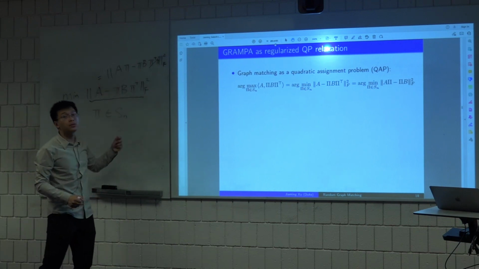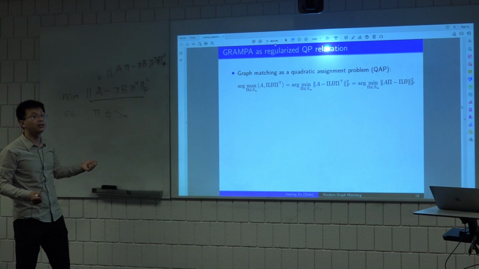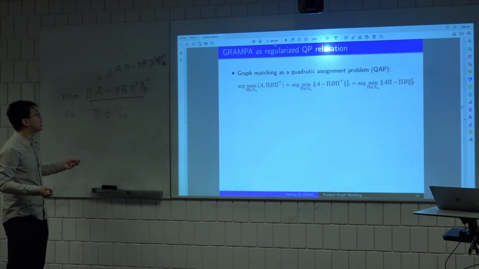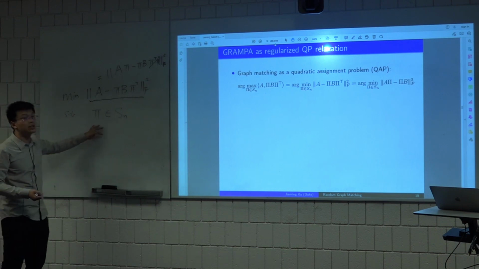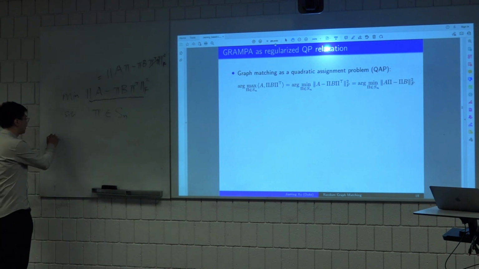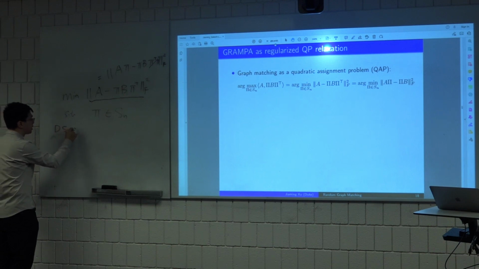You take the Frobenius norm squared, you get a quadratic function of pi. So the objective is already a very nice quadratic function. Now the only non-convex part is this permutation matrix constraint. But for that one we all know there's a very natural relaxation. It's called the doubly stochastic relaxation.